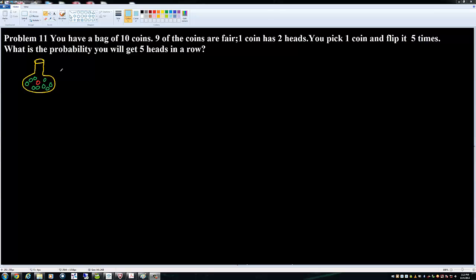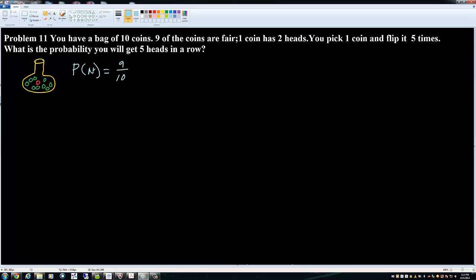Well, the first thing you want to do is figure out what is the probability of picking each of these kind of coins. So the way that is written is the probability of picking a normal coin will equal 9 out of 10.